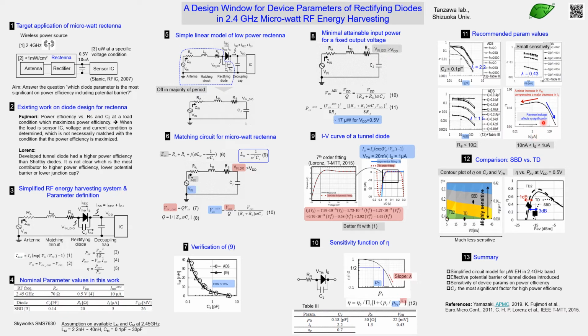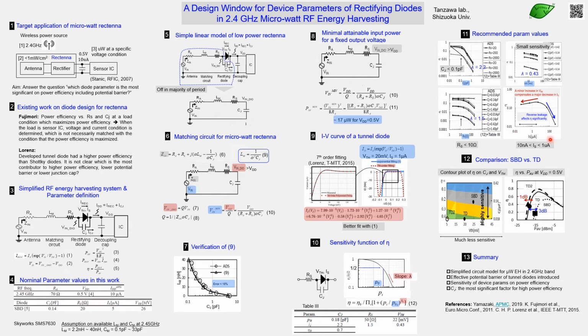For IS, it is a little different from the other cases. In this demonstration, if your IS is greater than, say, 10 microampere, it starts to degrade because in this demonstration, our target output current was 10 microampere.